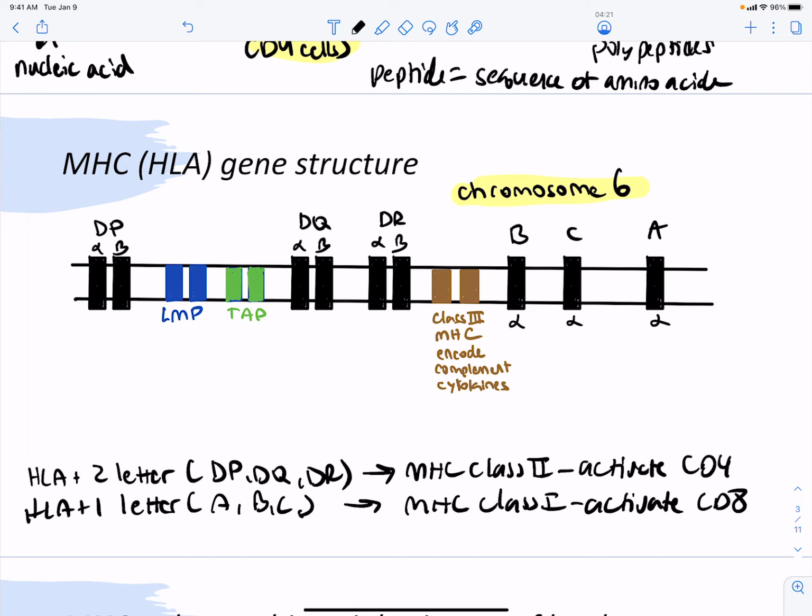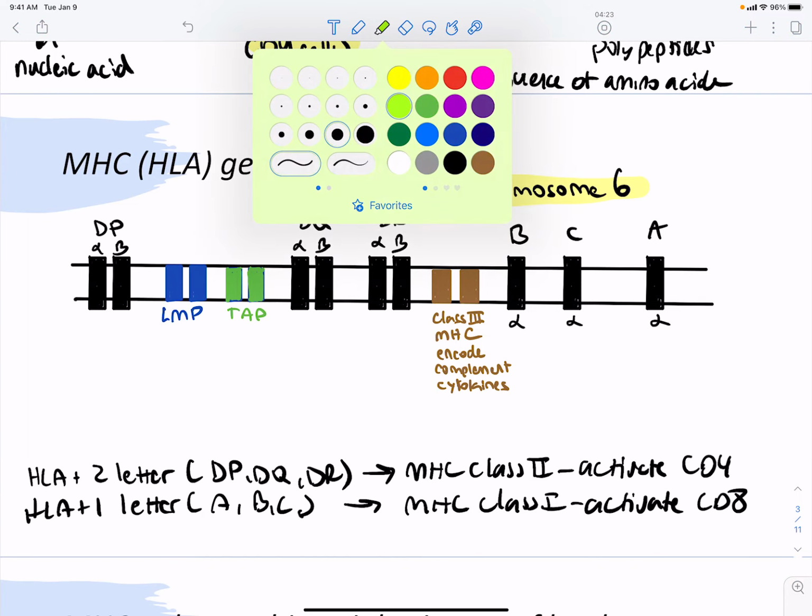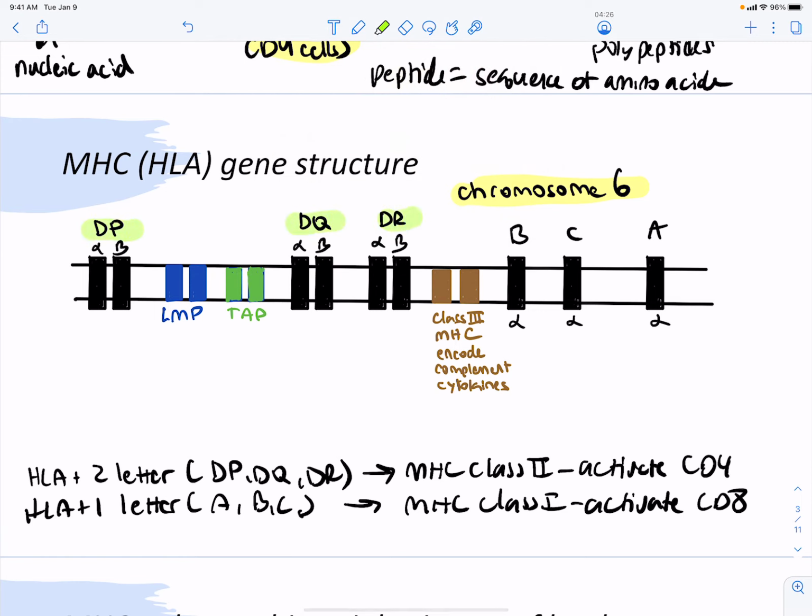So you can see here that we have DP, DQ, and DR, which all have alpha beta because MHC class 2 polypeptides are alpha beta. And then we have A, B, and C, which all have just alpha because the polypeptides for class 1 are alpha. Now there are a few other genes that are part of this gene loci, and we have our LMP and TAP.